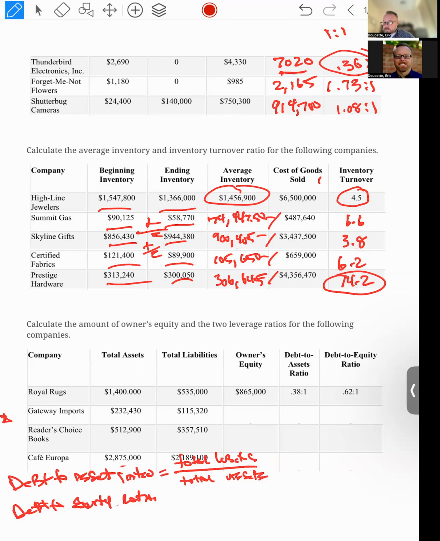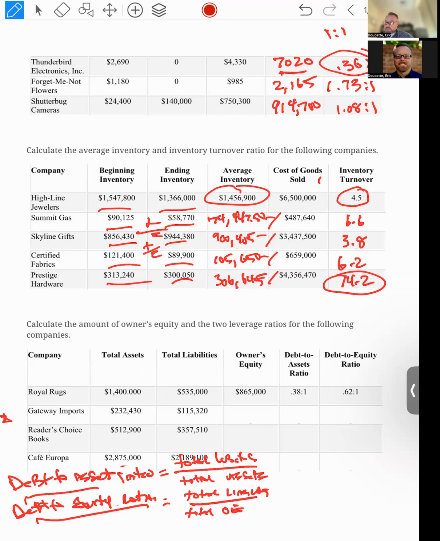And then your debt to equity is going to be the same thing: your total liabilities versus your total owner's equity, OE. And that's going to be your debt to equity ratio.